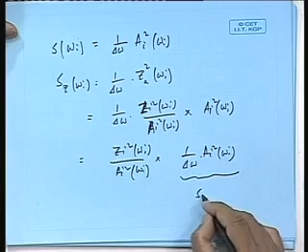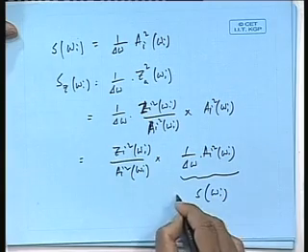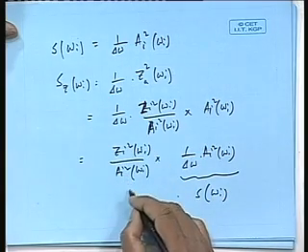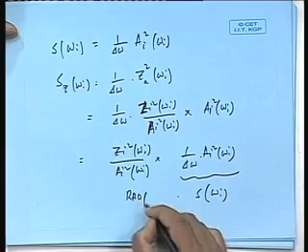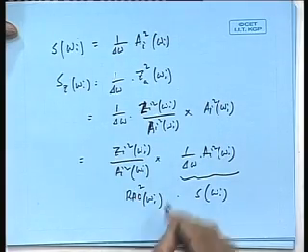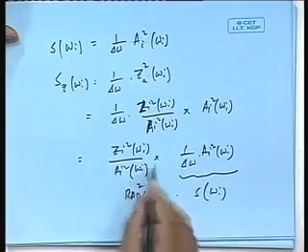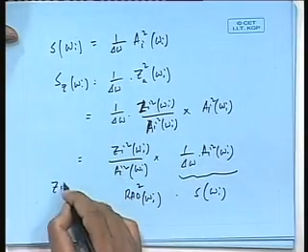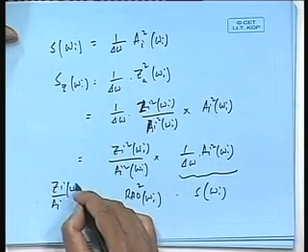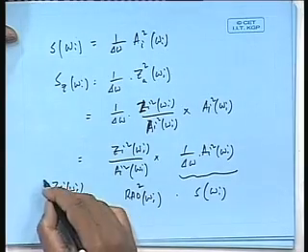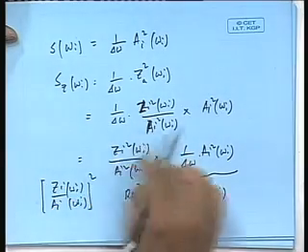This is equal to S omega I. And what is this? This is equal to RAO omega I square, because it is Z by A, square of that. You can also call that Z I by A I omega I, the full thing squared. Same thing, this part.